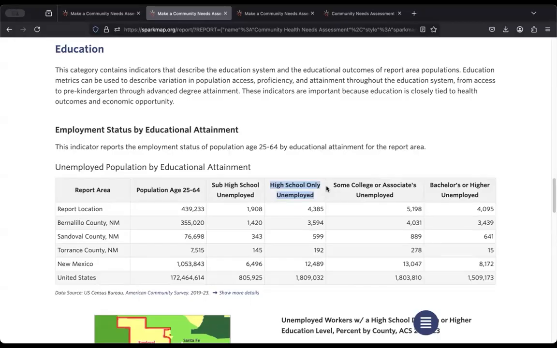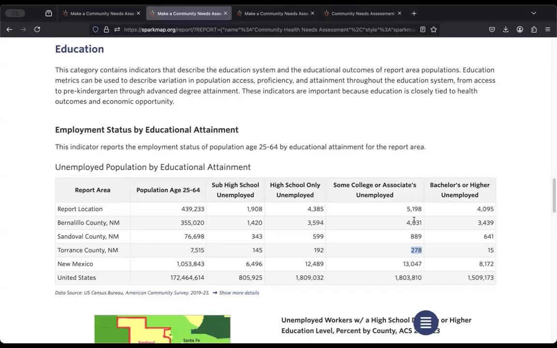There are a few question marks that this brings up for me, specifically the number for some college or associate's. There are some pretty high numbers of unemployed people across all three of these counties. These are typically the middle skill workers, right?